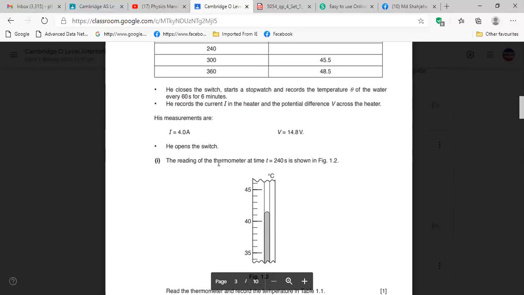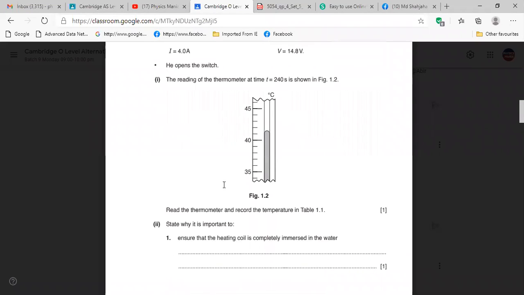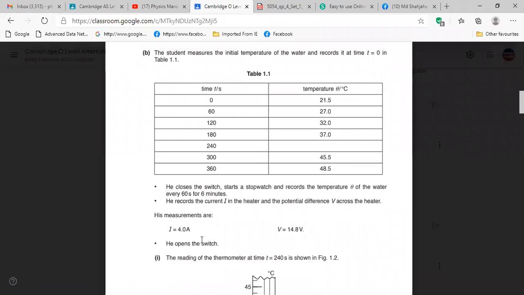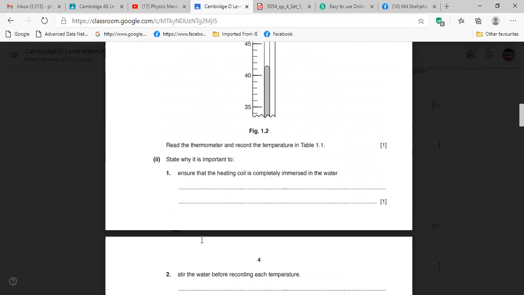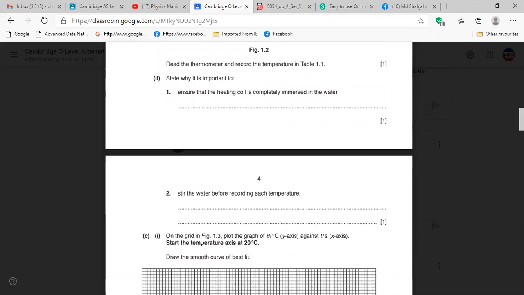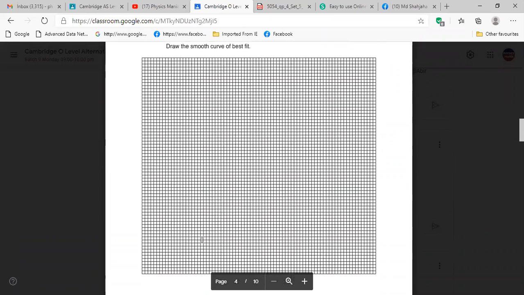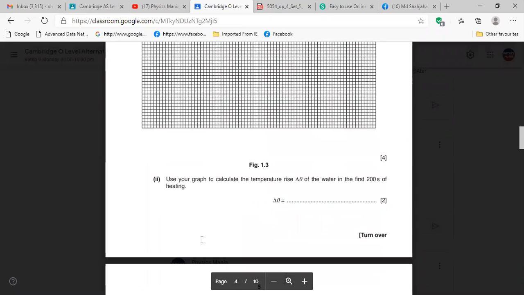Now we have to close the class because 2 minutes are left. You see we have a reading here, right? On the thermometer, you have to find the reading, and write it here. Then from all these readings you will draw the graph, a smooth curve of best fit like before, and you have to find delta theta at 200 seconds, right?